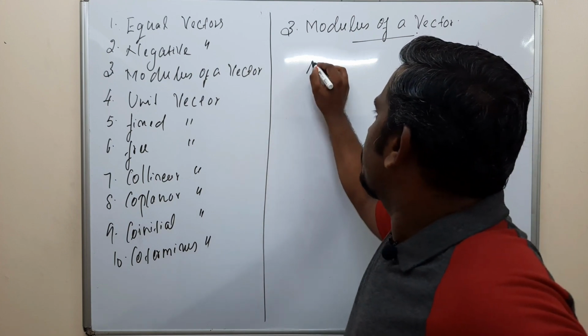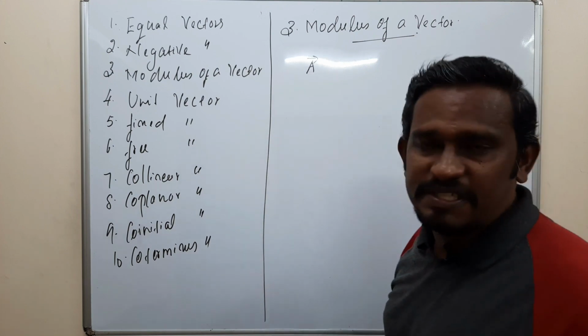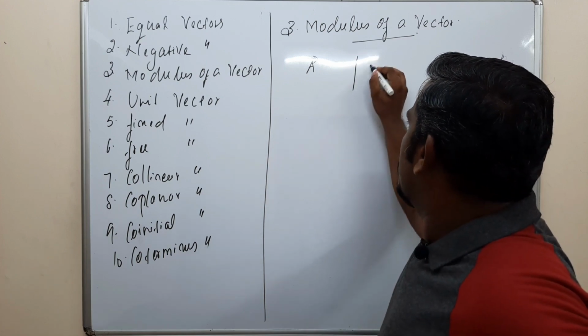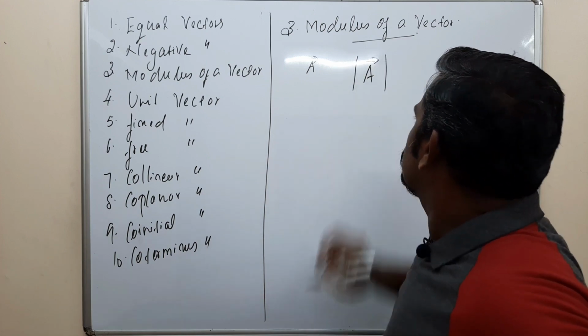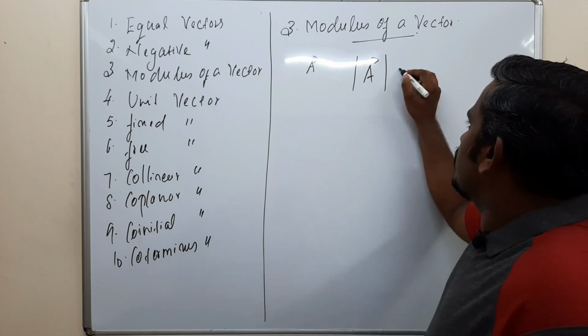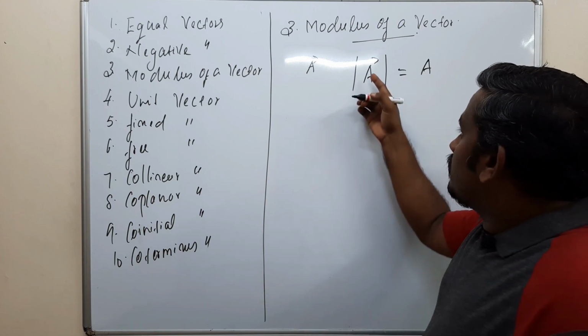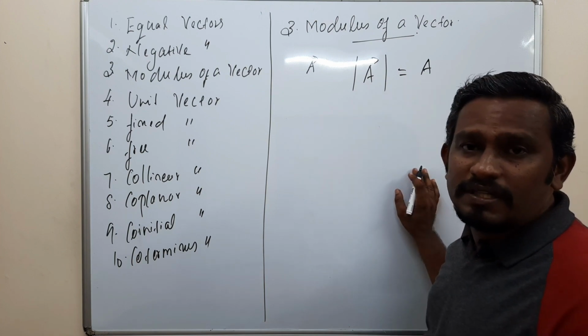Suppose a is a vector. The modulus of a vector is represented like this, mod a, which is equal to a only. That is, it gives only the magnitude, not the direction.